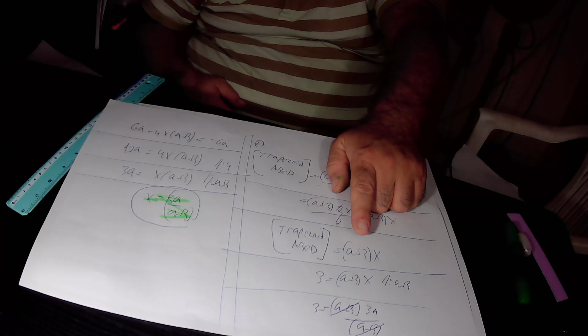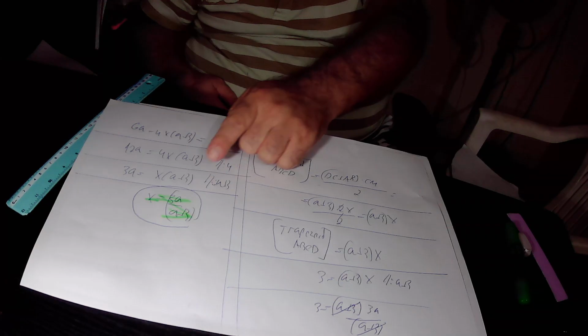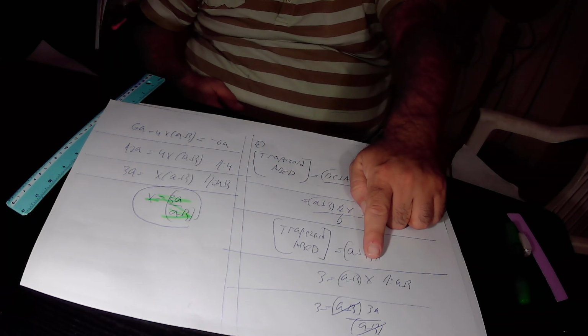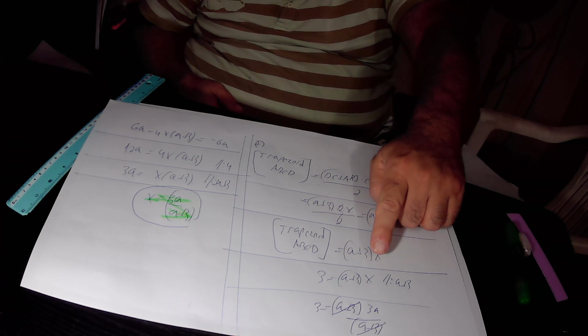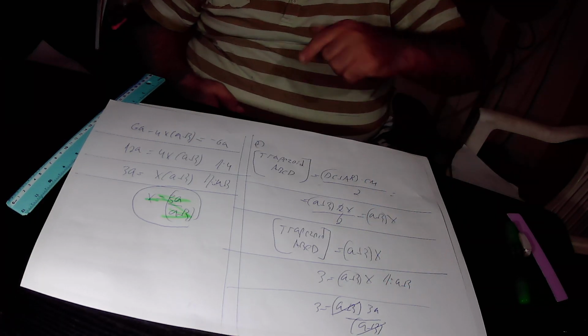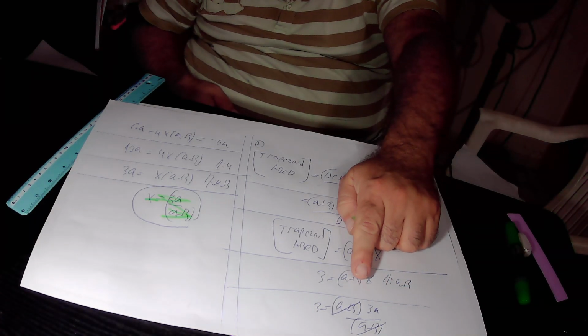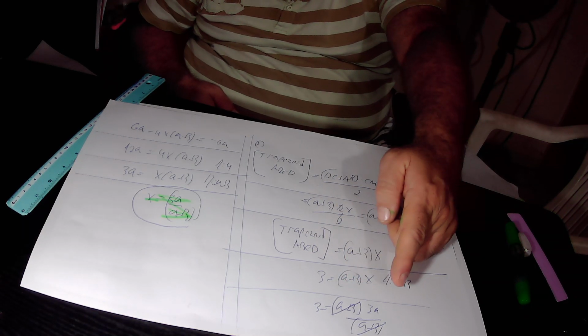But we already found that x equals 3a over a plus 3. So we can substitute x in this equation by 3a over a plus 3. So in total we found that 3 equals a plus 3 times 3a over a plus 3.